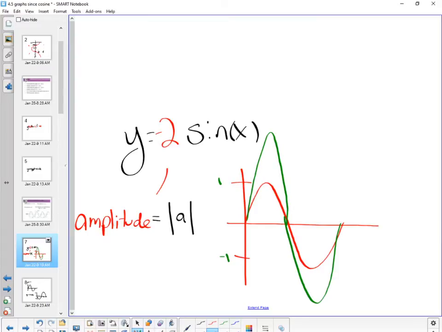If I gave you this function and asked what the amplitude is, you would say 2. You would not say -2. That would be wrong. The negative is just information for me, telling me that this thing is flipped, or reflected on the x-axis. Okay? That answer your question?